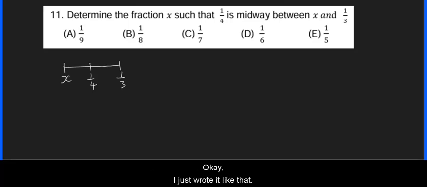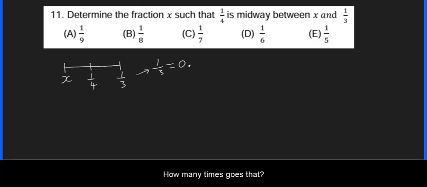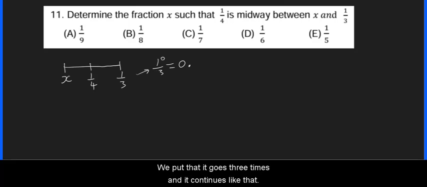The question is, what is this? 1 divided by 3. How many times does 3 go to 10? It goes 3 times and it continues like that.